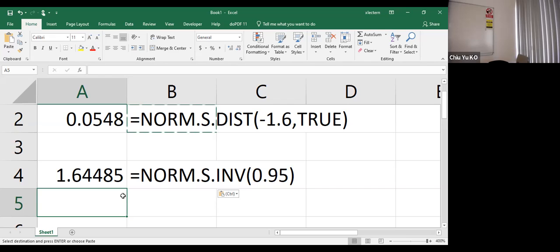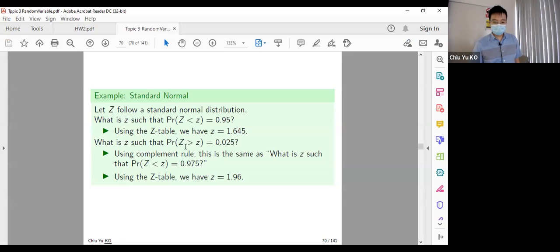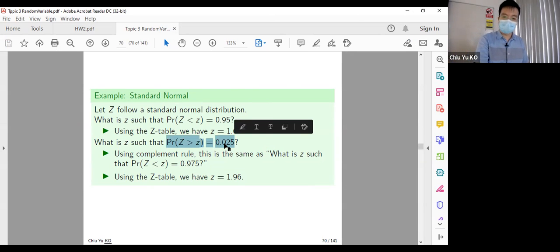You should remember this one, because it appears many times. You can't forget. So is that okay? Just this one. The next question is the other way around, asking for bigger than this, with 0.25.